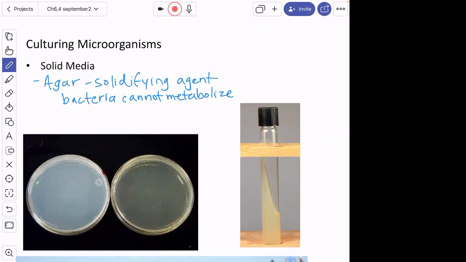There is agar in the medium and bacteria eat the medium, but they don't eat the agar. If bacteria were able to eat the agar, then the media would liquefy, because it's the agar that makes it solid.